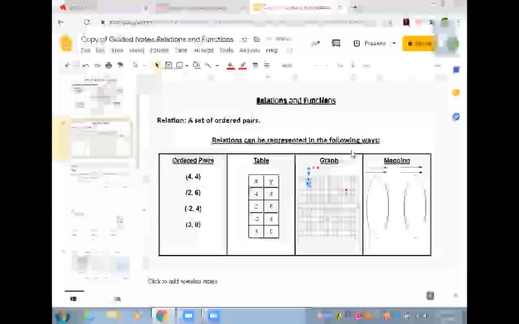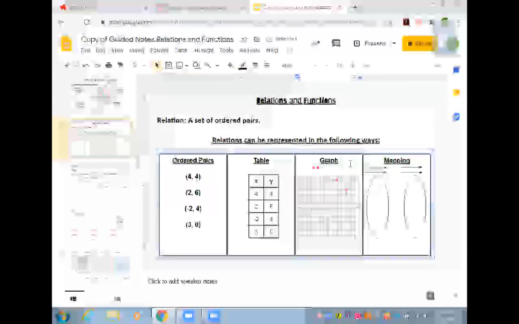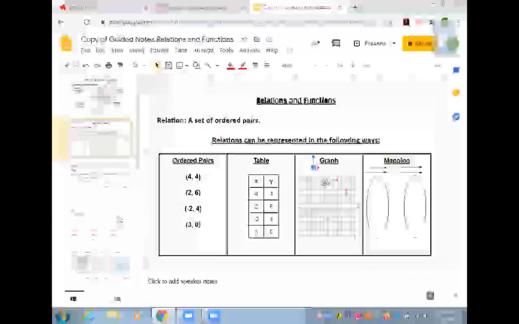Then we got to go for 2 and 6. So we go over 2 here, then I'm going to go up to 6. My next one is at -2, 4. So a -2 and then up to 4.